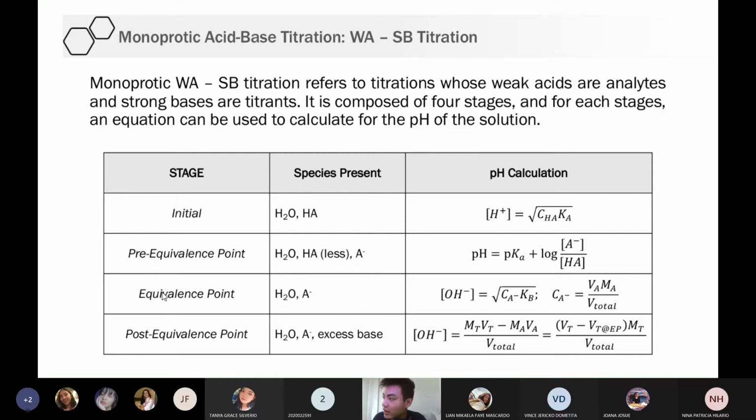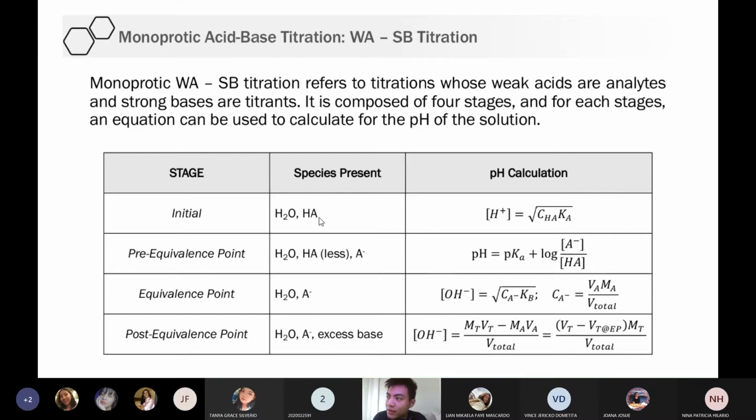And then after identifying VTEP, or the volume of titrant at equivalence point, you can check kung anong stages yung ibang volume. Then pag alam mo na kung anong stages sila, you have your corresponding pH calculation equations. Ang pinapakita ko dito is yung mga H concentration, OH concentration, so alam nyo na dapat i-convert yan to pH.